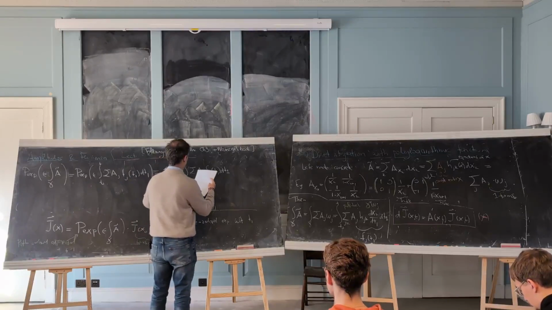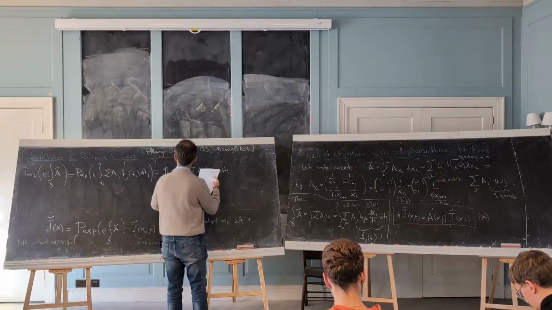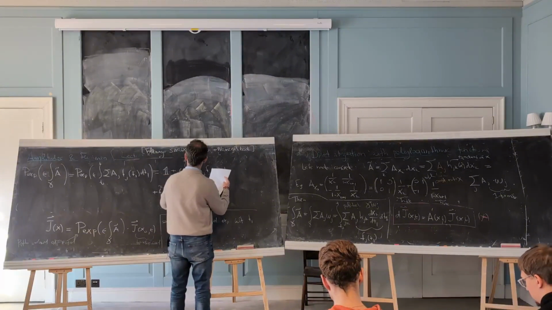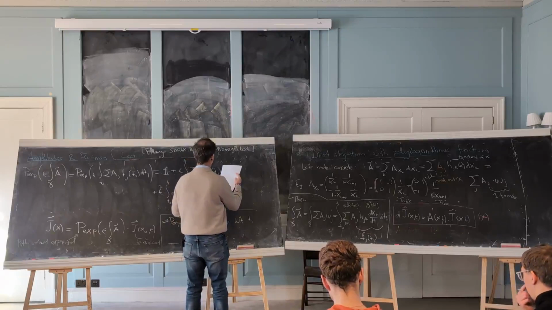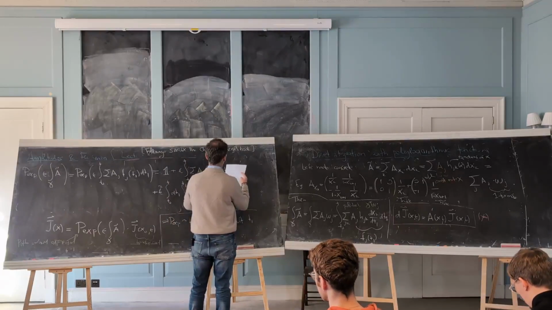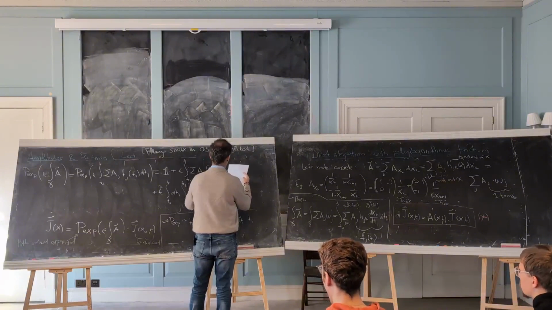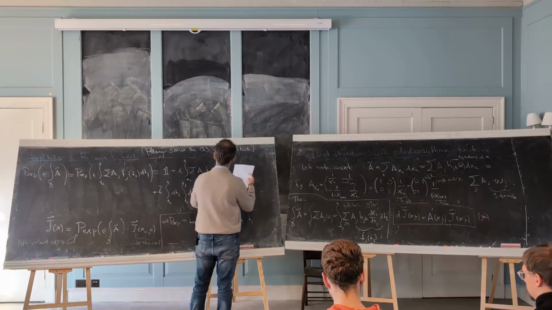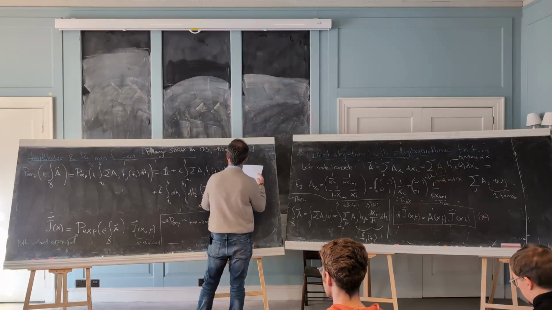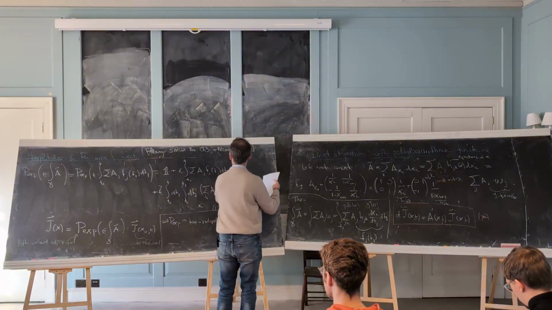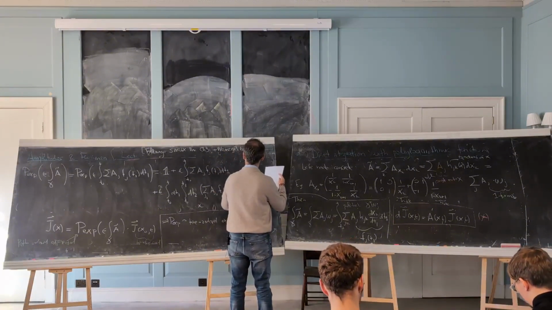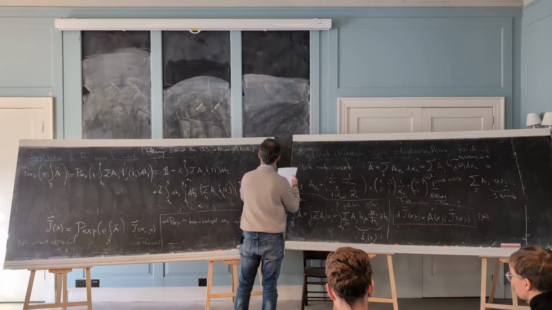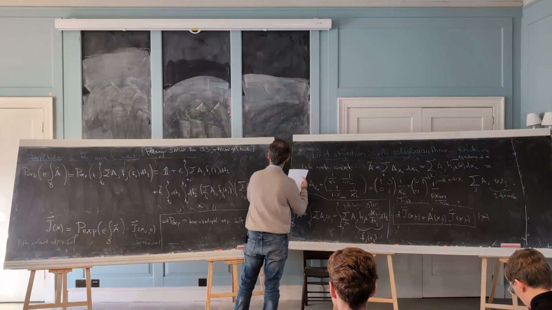So t0 to t dt1, and then t0 to t1 dt2, and then you have some over j1, let's call them j1 a, j1 f, j1 t1, and then there's sum over j2 a, j2 f of j2 t2.